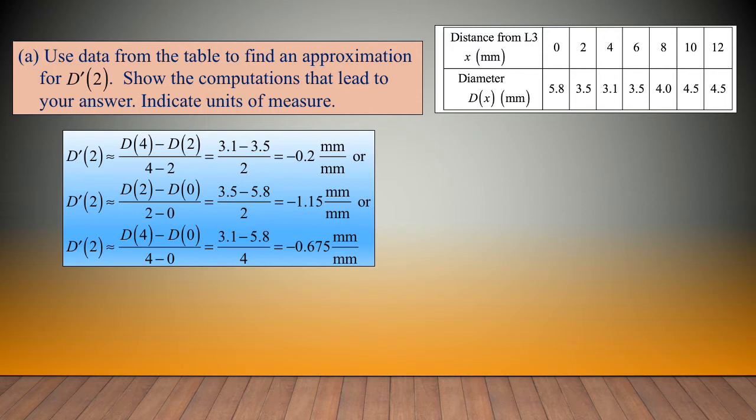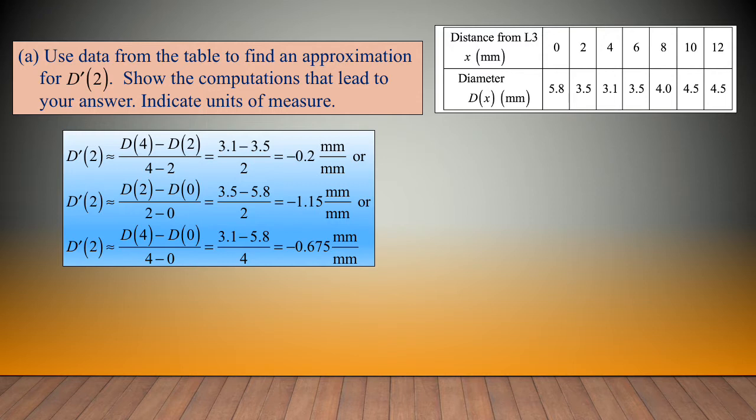Or d'(2) is approximately equal to (d(2) - d(0))/(2 - 0), which is (3.5 - 5.8)/2, or -1.15 millimeters per millimeter.